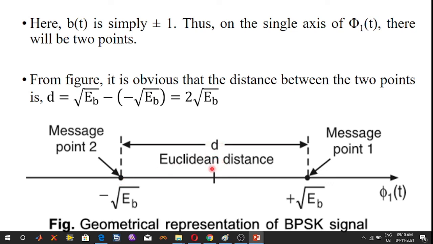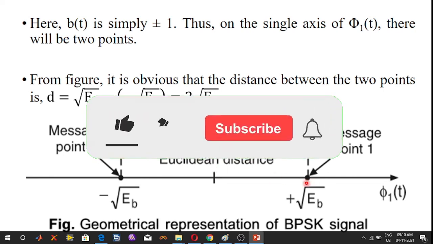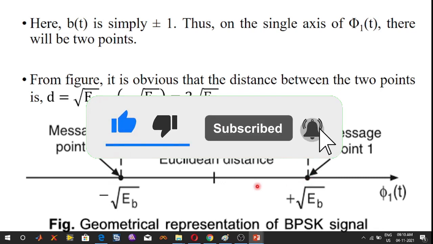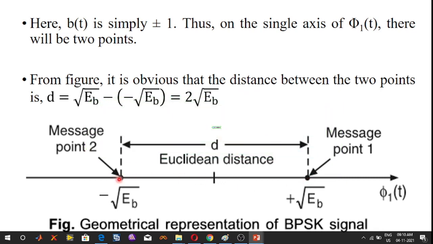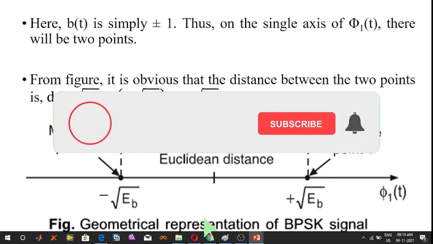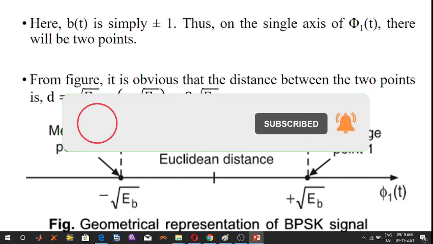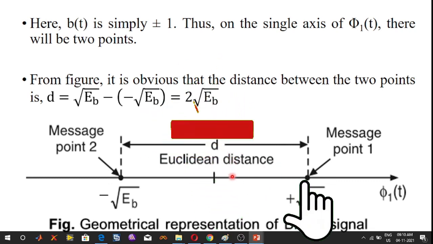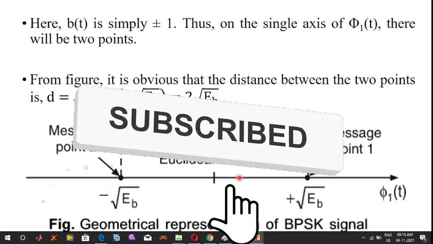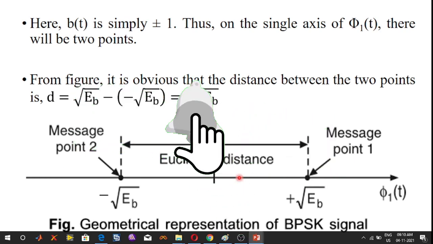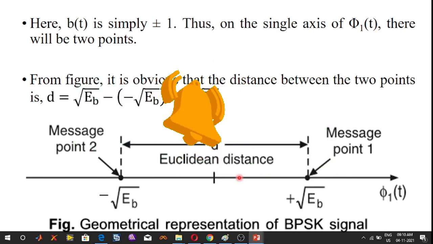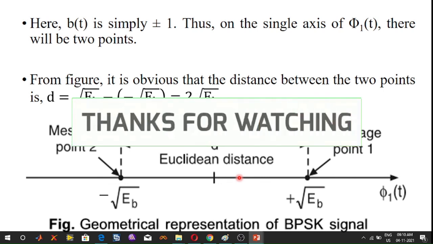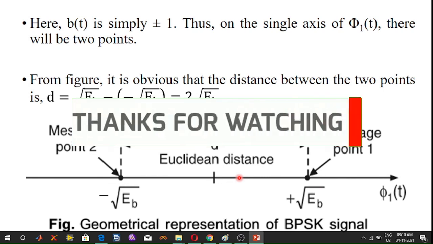The distance d is equal to upper point minus lower point. Upper point is message point 1 and lower point is message point 2. Therefore, distance d is equal to square root of Eb minus minus square root of Eb, which is equal to 2 times square root of Eb. So this is the geometrical representation of the binary phase shift keying signal, or the signal space diagram for the coherent binary phase shift keying signal.